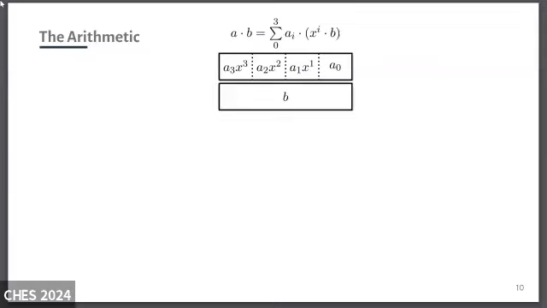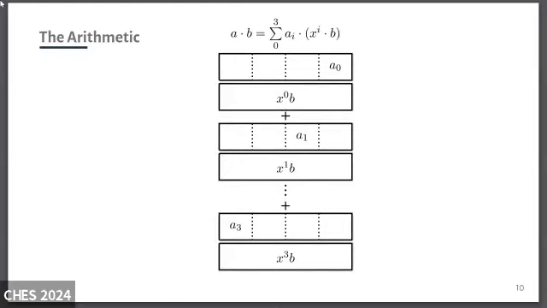First we compute a0 times b, well, x to the power of 0 times b, but that's b. Next, we add to this intermediate result a1 times x to the power of 1 times b. After we accumulate all these intermediate results up to a3 times x to the power of 3 times b, we have the solution of the full multiplication.